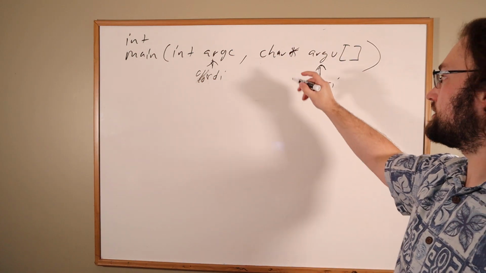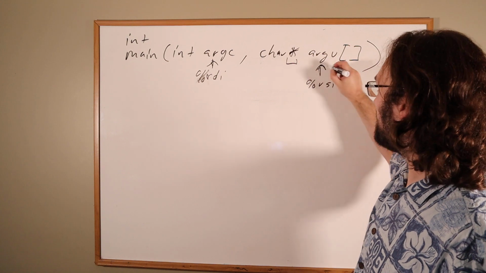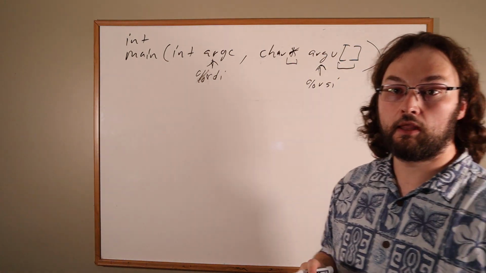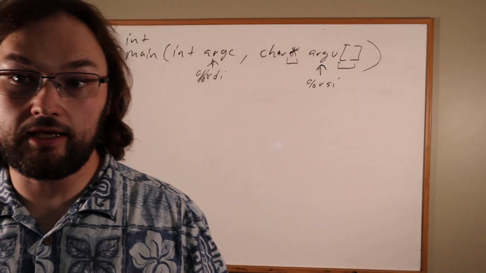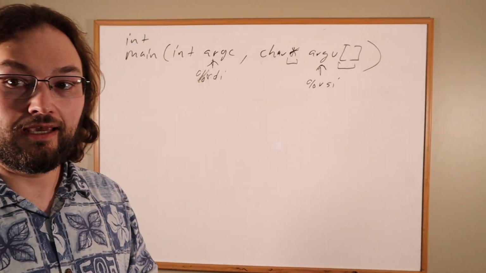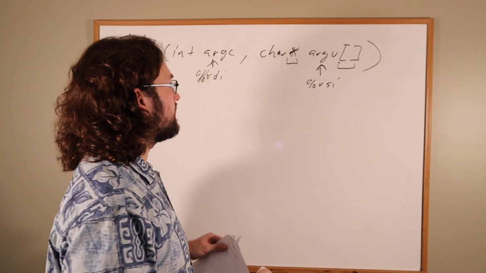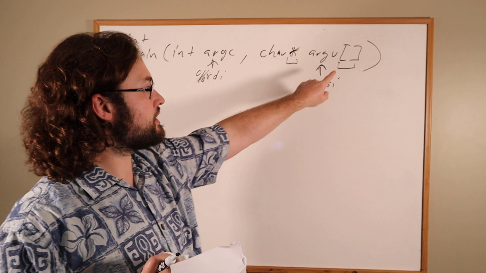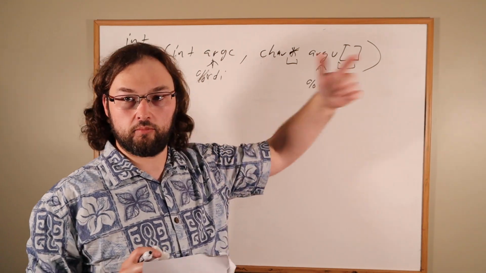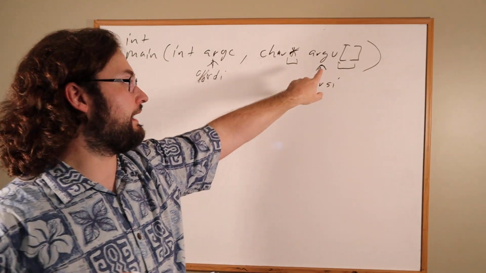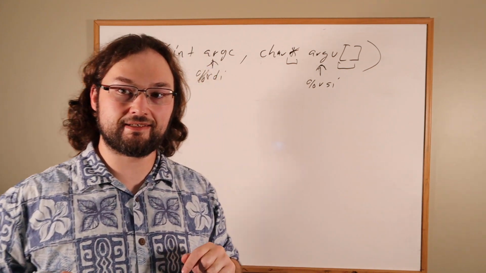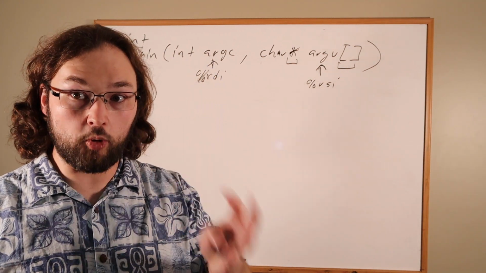What's going on over here is a little bit more complicated, because this is a char pointer array. An important thing to keep in mind about C is that when we're talking about an array being passed to a function, or an array of unknown size as a type, an array is just a pointer.